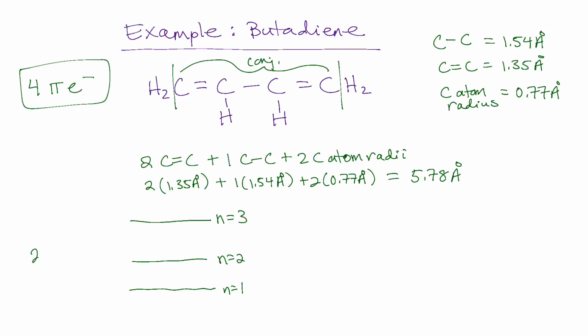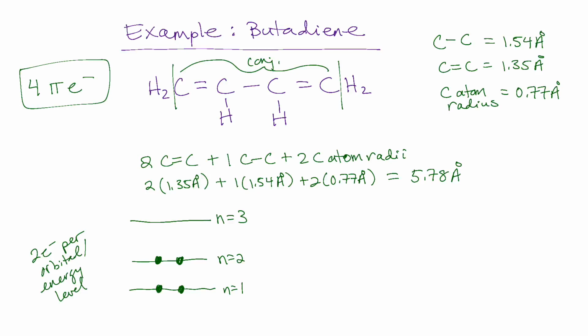That means 2 electrons per orbital, or energy level. So put in our electrons: 1, 2, next 2 go up here, 3, 4. So there are our 4 pi electrons occupying our lowest energy levels for butadiene.